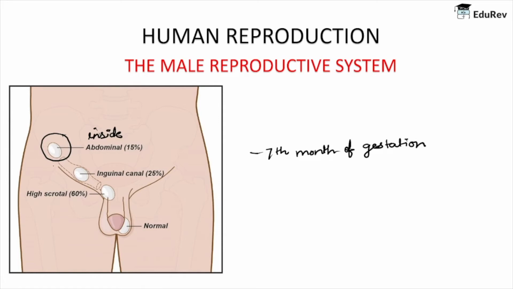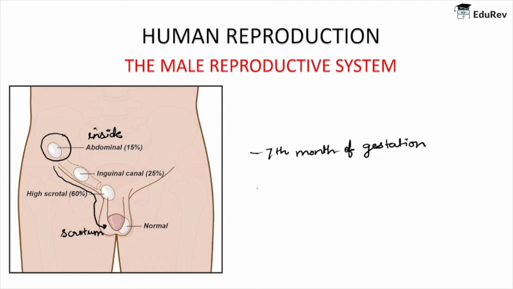This is the scrotum. And that is the reason testes are present outside the abdominal cavity.